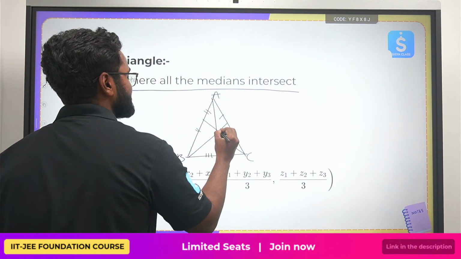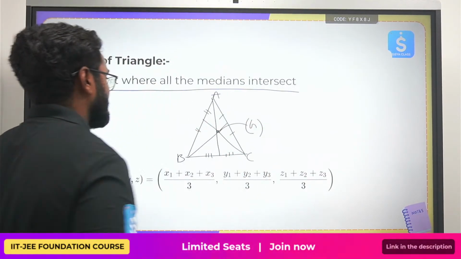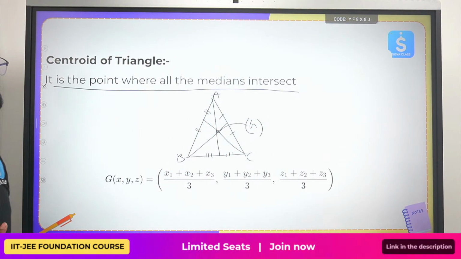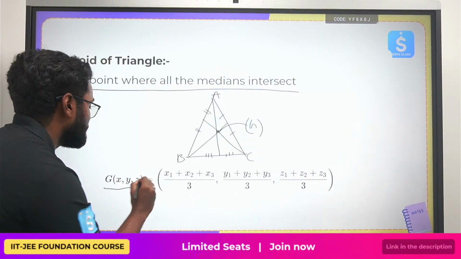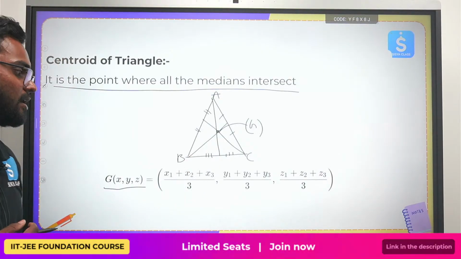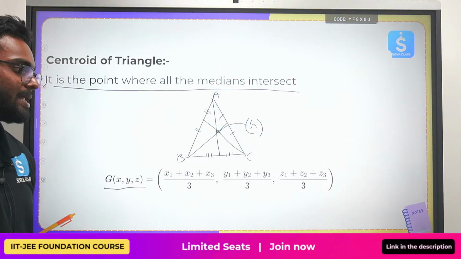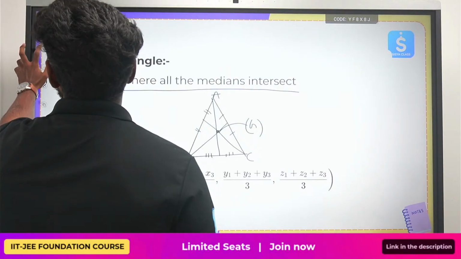The point where the medians meet is called G, the centroid. You have many other terms like orthocenter and circumcenter. We'll be learning these in the next classes. Now the formula for the centroid is x1 plus x2 plus x3 by 3, comma, y1 plus y2 plus y3 by 3, comma, z1 plus z2 plus z3 by 3.